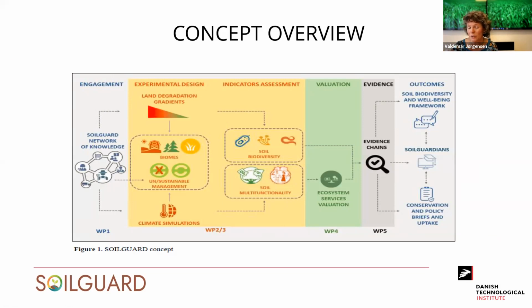Engaging farmers, consultants, stakeholders that are interested in conservation of biodiversity in the soil, politicians, and for a start, we have focused very much on the farmers as they were a prerequisite to start all the field work. That's the yellow part of this overview.